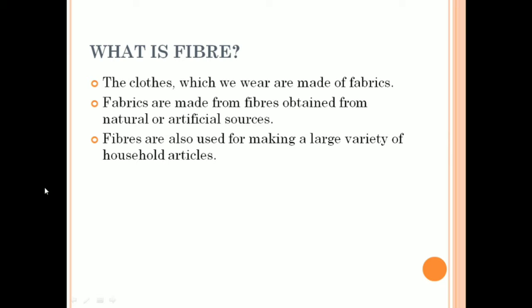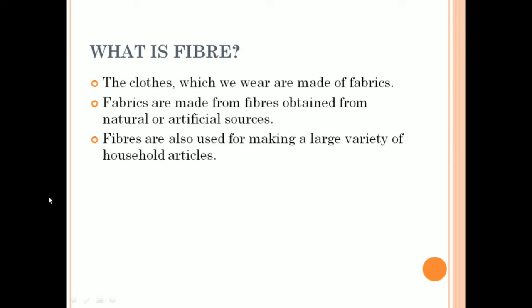They are made from fibers, and there are two main sources of fibers, that are natural or artificial sources. Fibers are also used for making a large variety of household articles. So, what is the another use of fiber? They have been used for making many varieties of household articles.